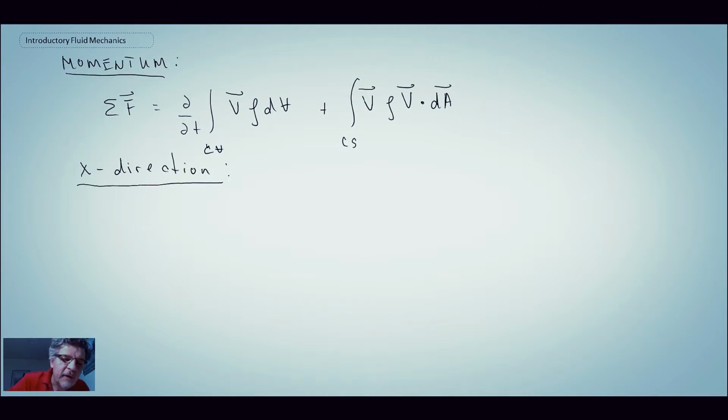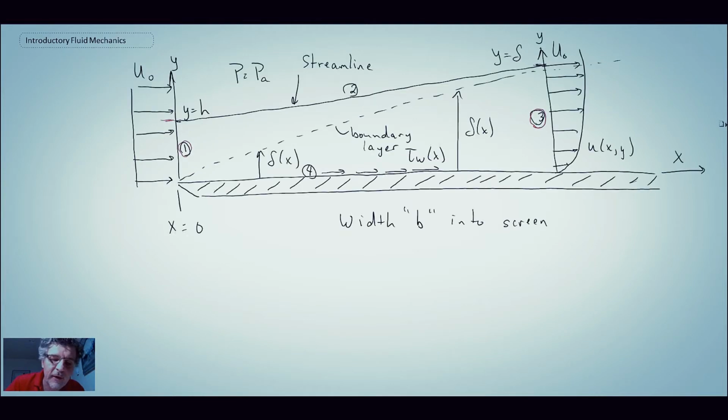And to begin with, on the left-hand side, we have some of the forces. And so if we look back at our schematic, the only force that is going to be acting on our control volume is going to be on this lower surface here along the wall. So it's basically the drag on the wall on our control volume.